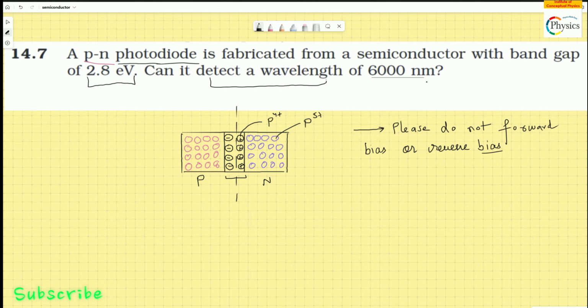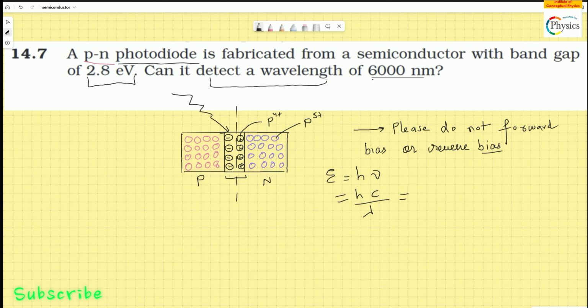And the way this operates is when the photons come here, and the photons carry an energy of h nu, and this is hc by lambda, right? What happens is you have an energy you can calculate.